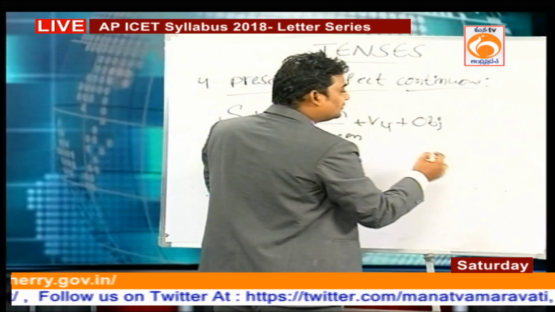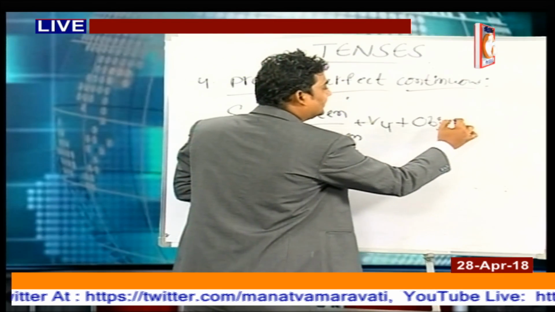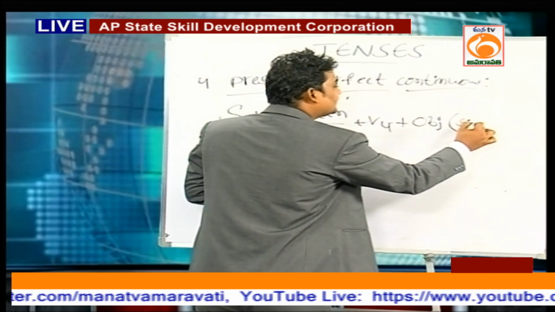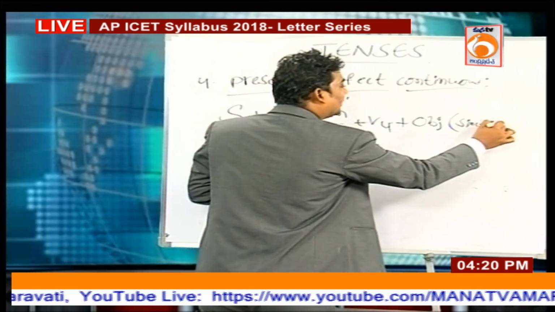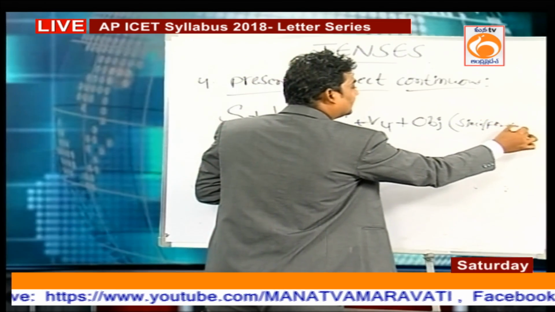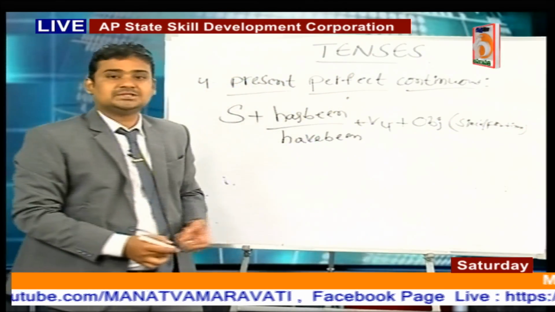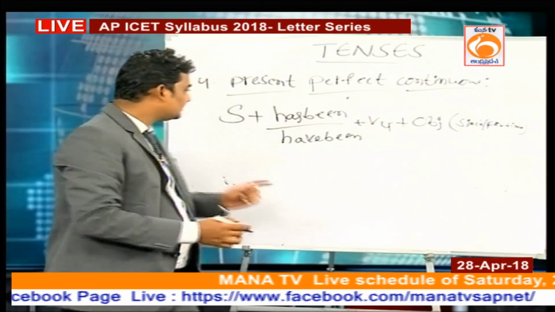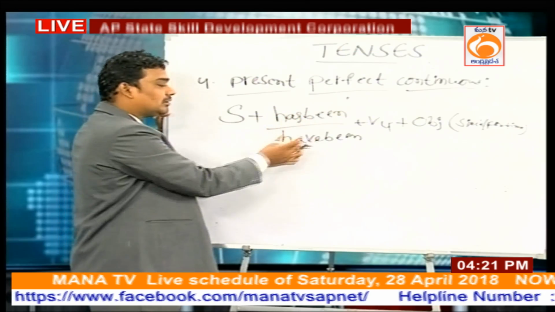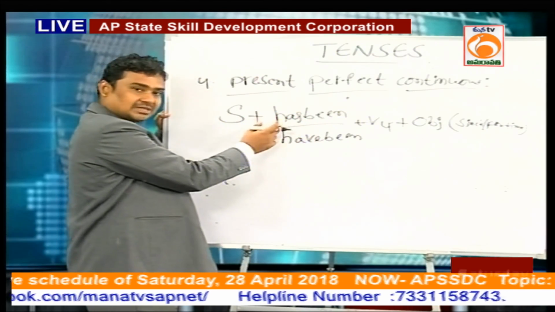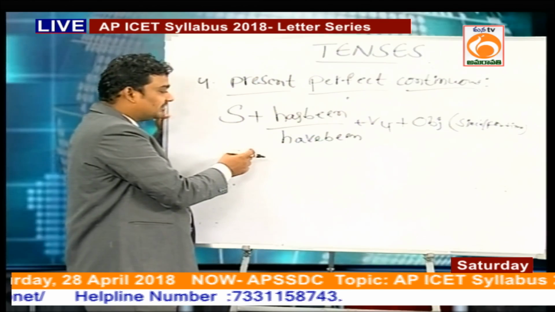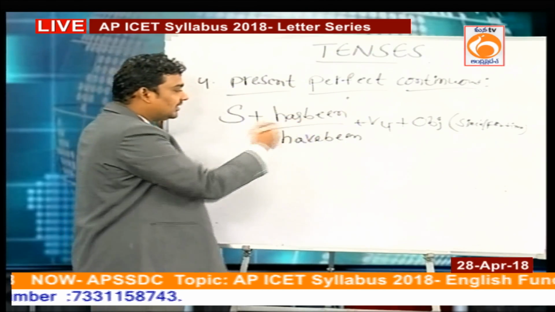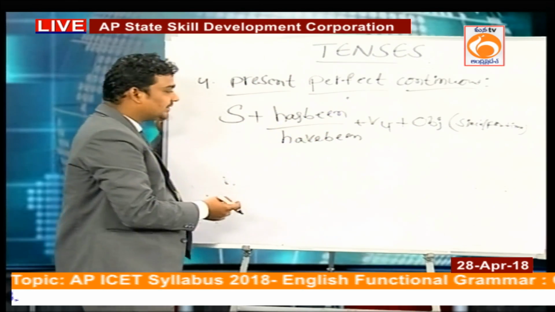In this object we should use time, only time, for example either since or for time. We should use time in the object in present perfect continuous tense. You can see examples where we should take has been or have been. He, she, it has been. I, we, you, they, the following helping verb phrase is have been.